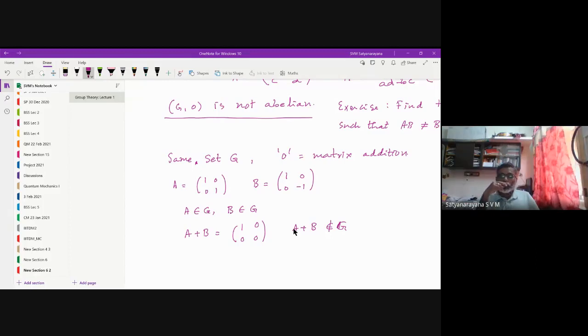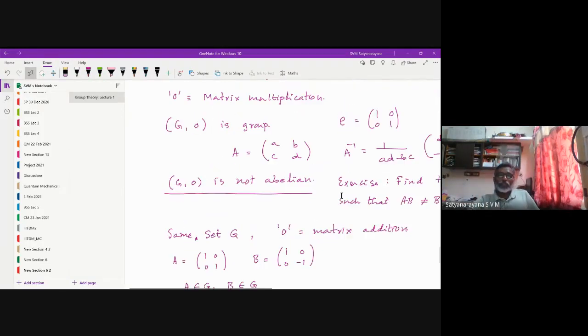We should not jump to conclusions by assuming that all of them will be fine. Every change can affect all the properties. So the set of non-singular 2 by 2 matrices with matrix addition is not a group at all.